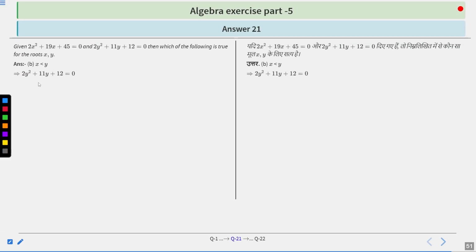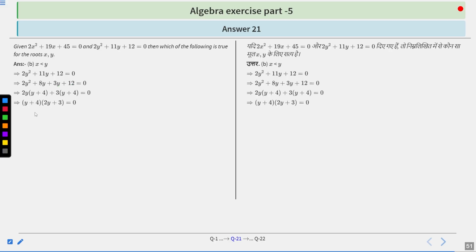Then we have the equation 2y square plus 11y plus 12 equal to 0. Now we have to break 11y into two parts such that the addition is 11, 8 plus 3, and the multiplication is equal to the multiplication of 12 and 2. 12 into 2 is 24 and 8 into 3 is also 24. So it is satisfying the conditions. Now taking 2y from the first two parts, we get 2y into y plus 4, and taking 3 common from these two terms, we get 3 into y plus 4.